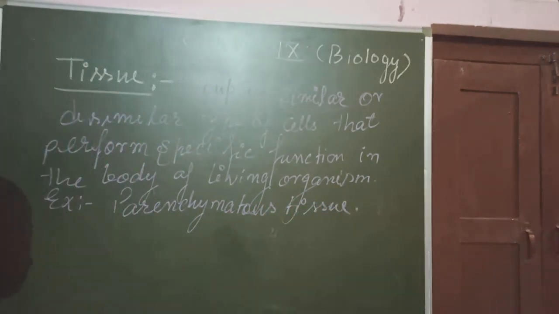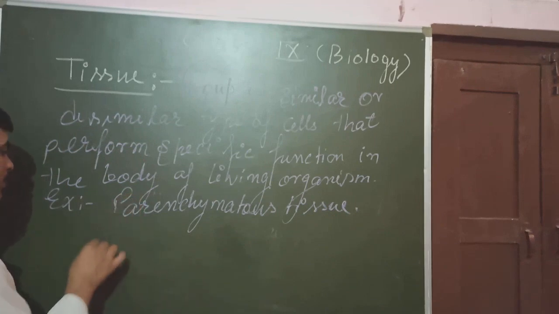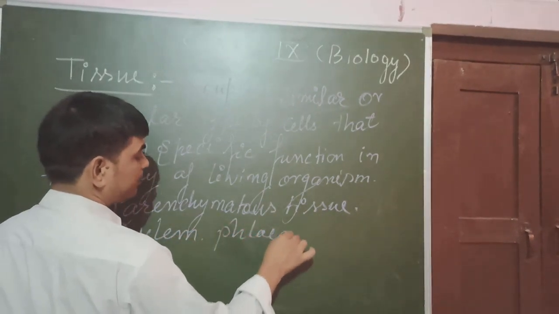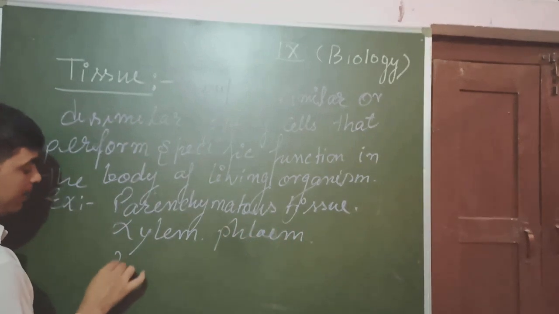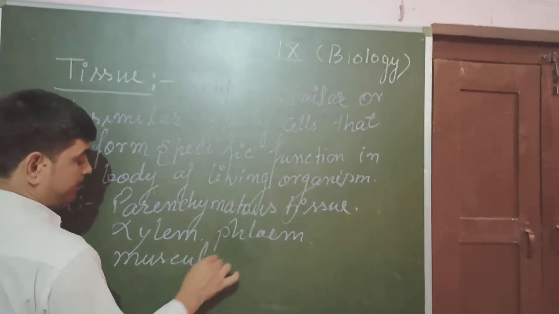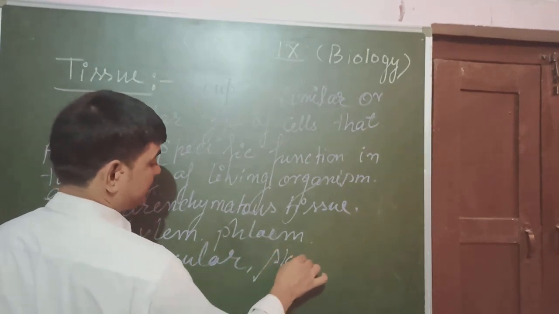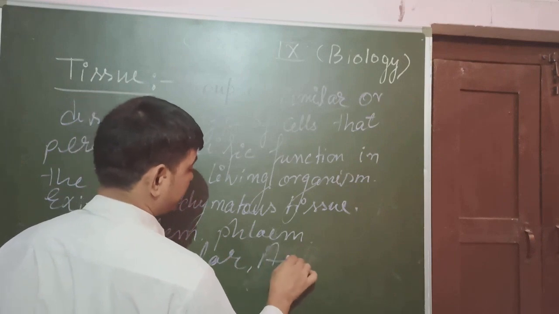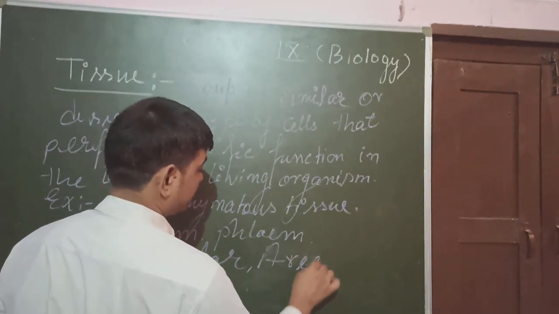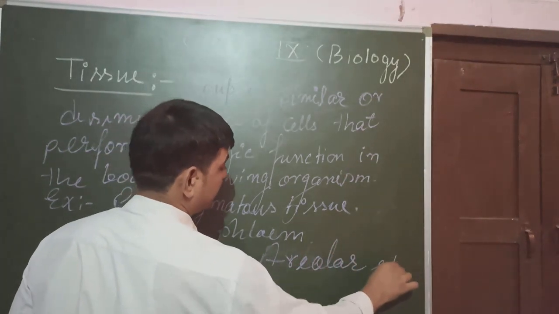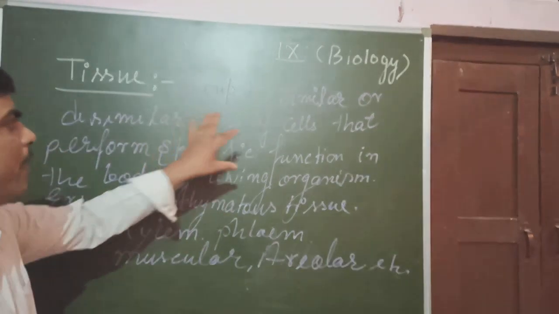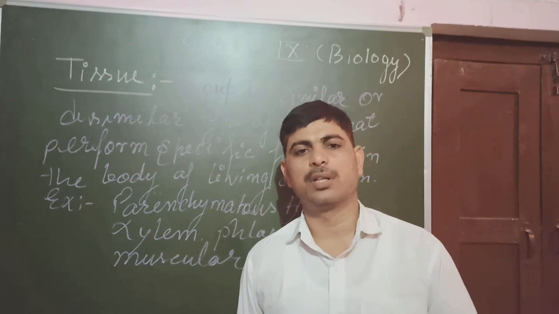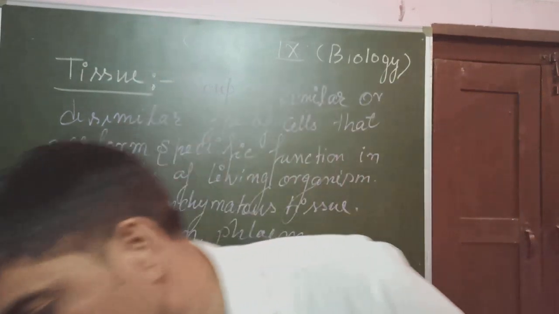Okay, xylem, phloem. Similarly in animals: muscular, skeletal, areolar. So a group of similar or dissimilar type of cells that perform a specific function in the body of living organisms, they are called the tissue.